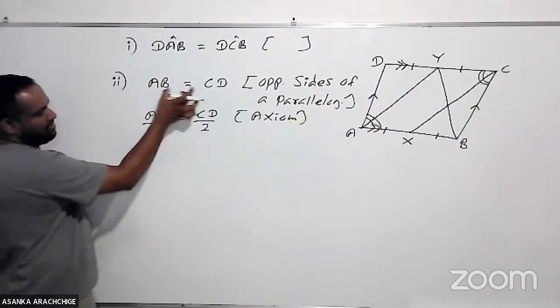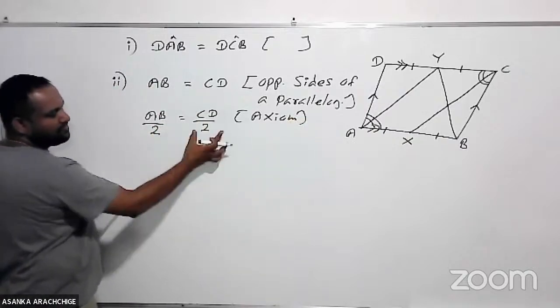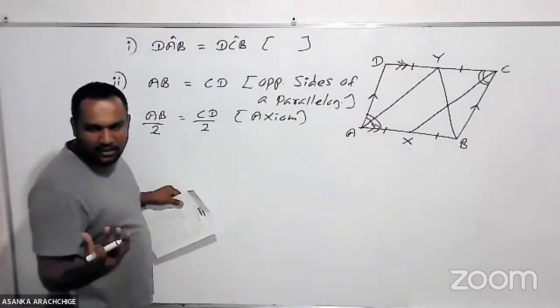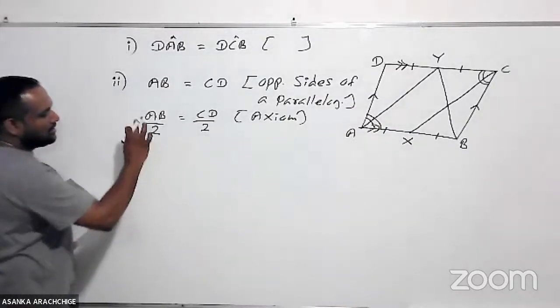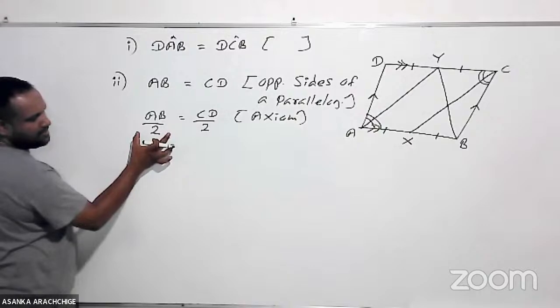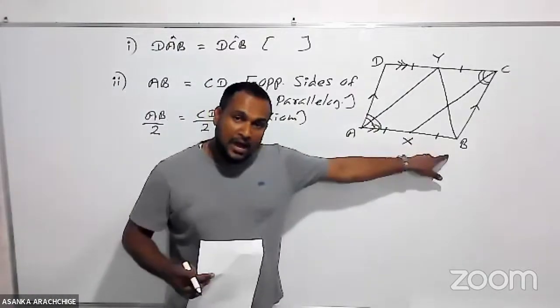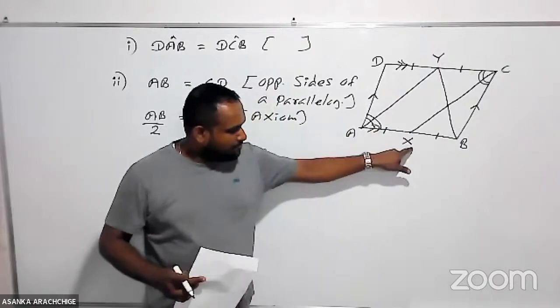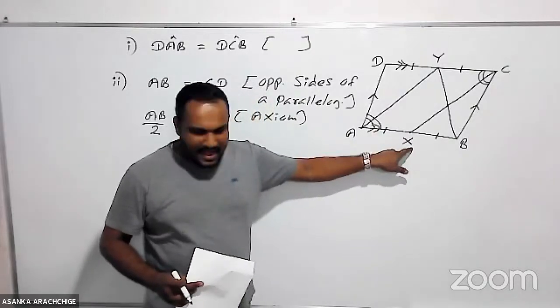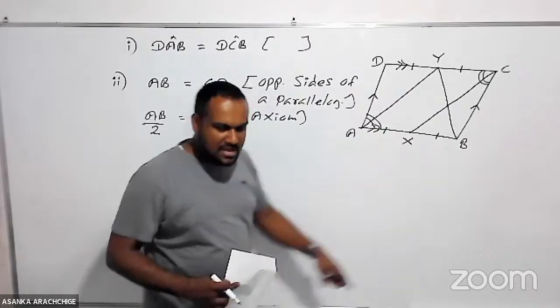Axiom: when we divide both by 2, the resulting quantities are equal. Instead of half of AB, you can write AX as well as XB.